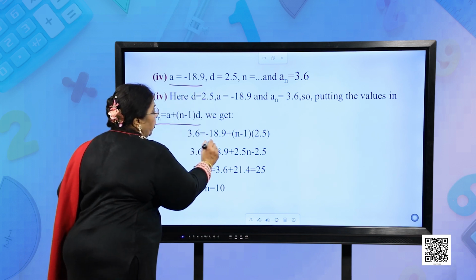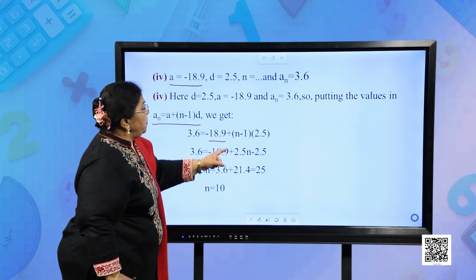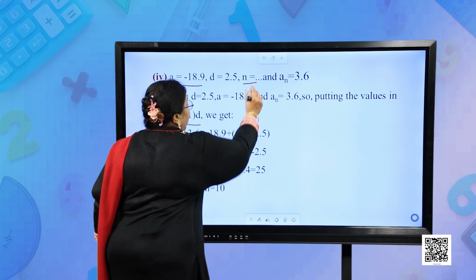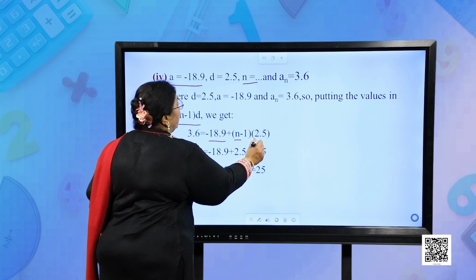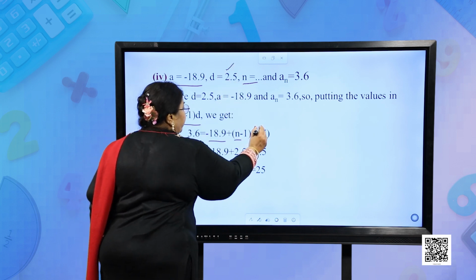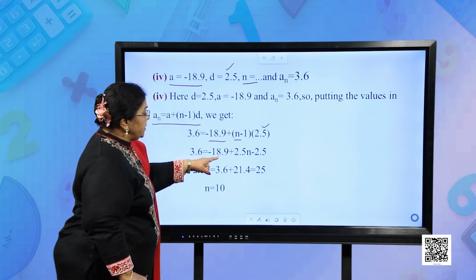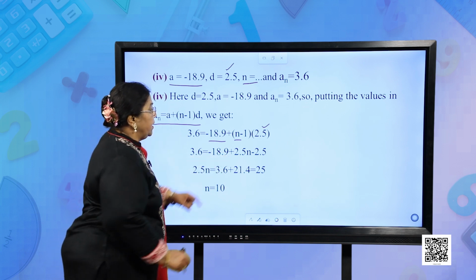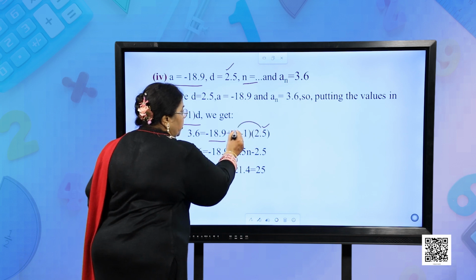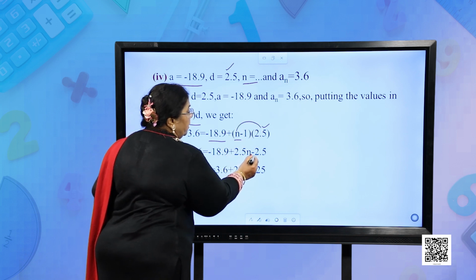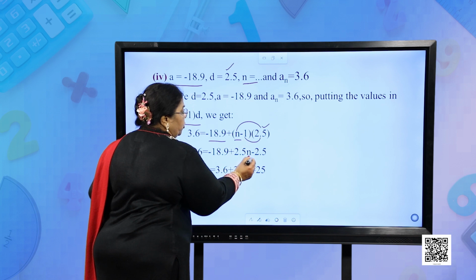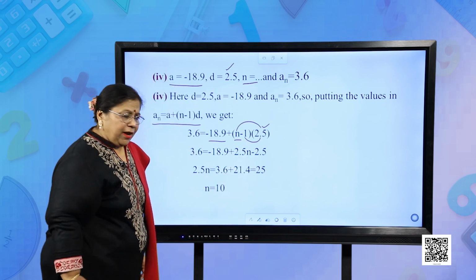It is minus 18.9 plus n minus 1, n I am supposed to find, so n minus 1 into D, what is D? 2.5. Now, 3.6 is equal to minus 18.9 plus, if I multiply 2.5 into n, I get 2.5 into n, minus 2.5 into 1 is minus 2.5.